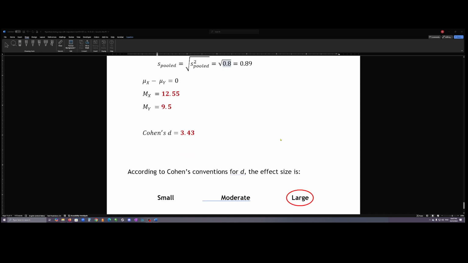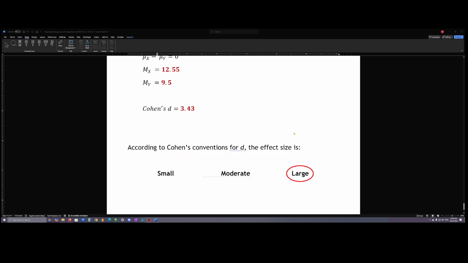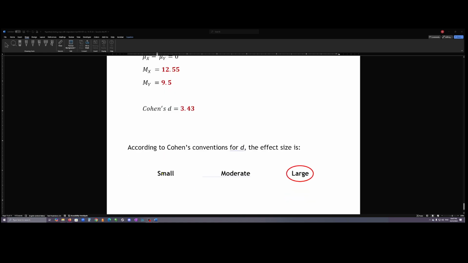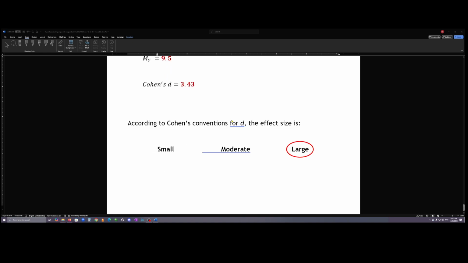So, is that small, medium, or large? Well, if you recall, small is 0.2 for Cohen's d, the medium or moderate is 0.5, large is 0.8, and we have a Cohen's d of 3.43. So that is a fairly large effect size.